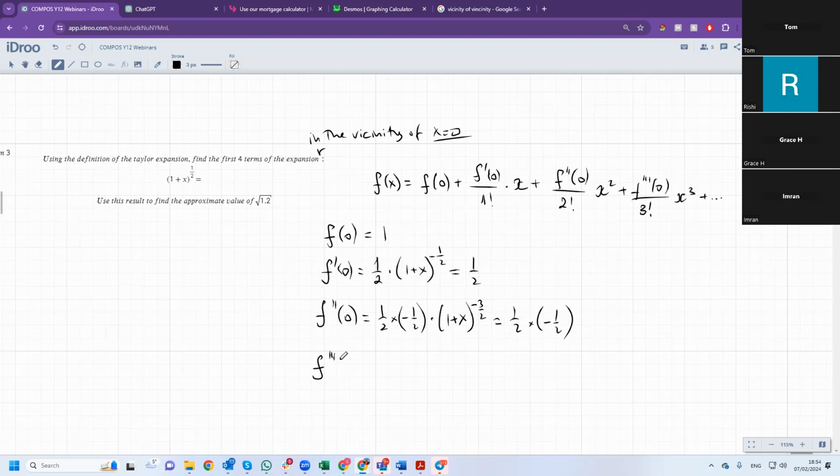So f triple prime of 0 is going to be 1/2 times minus 1/2 multiplied by minus 3 on 2, multiplied by 1 plus x to the power minus 5 over 2.